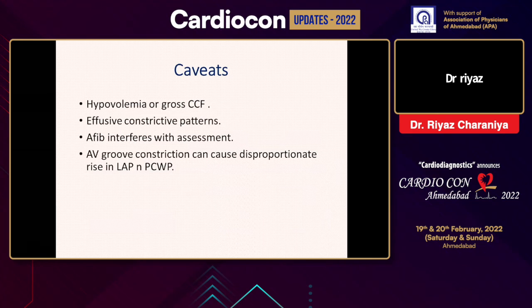Obviously, atrial fibrillation will interfere with our assessment, and an AV groove constriction can cause a disproportionate rise in LA pressure and PCWP. So you have to look for this caveat, and many a times you have to give a fluid challenge if the patient is grossly hypovolemic before doing cardiac catheterization.